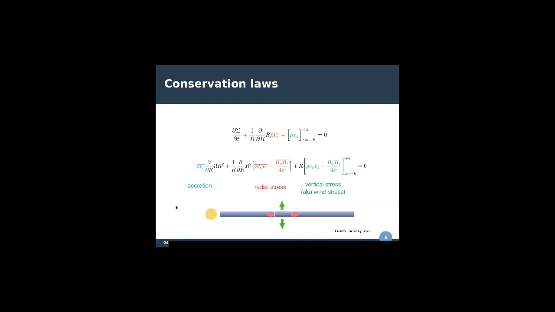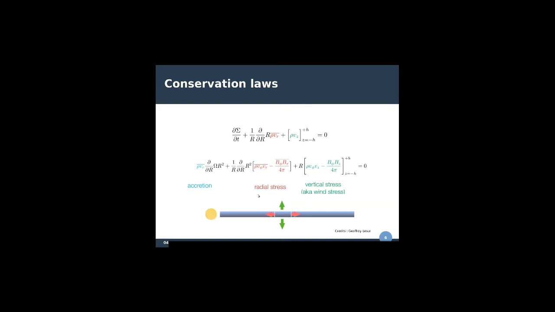And in blue, it corresponds to the accretion process. If we are just at the limit of the star, it's the accretion onto the star. And we have separated the hydro part and the stress due to the magnetic field in both cases. And one of the main difficulties is to find where these stresses could come from.